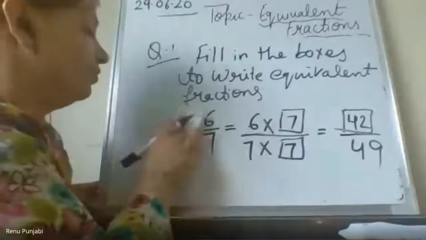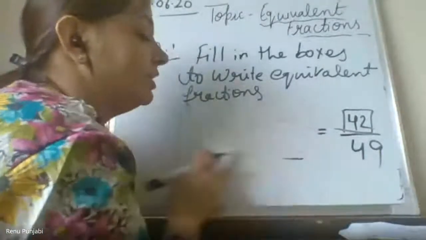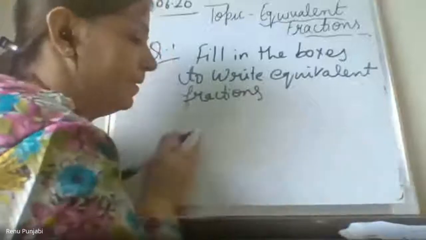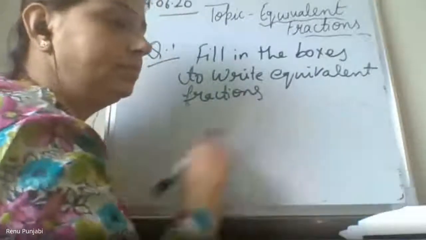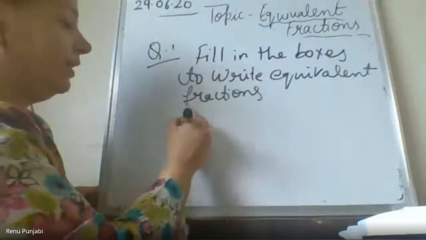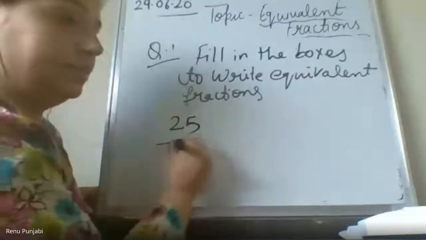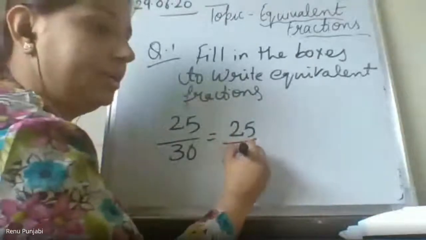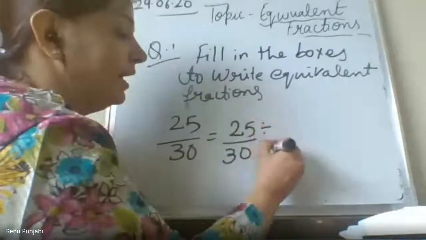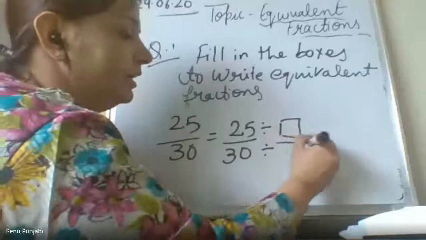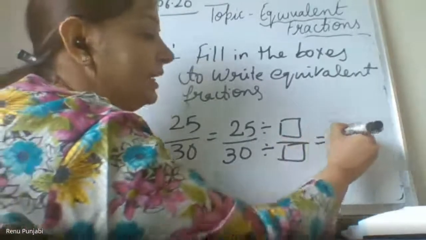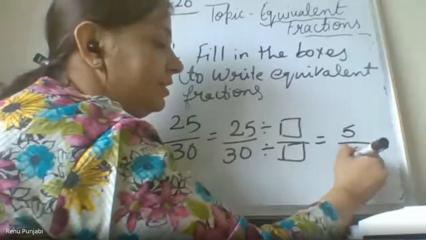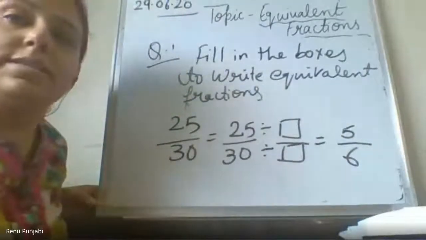Now, a few more examples of equivalent fractions with division. 25 upon 30 equals, then you write again the 25 upon 30, divided by which number so that here comes the 5 and here comes the 6.